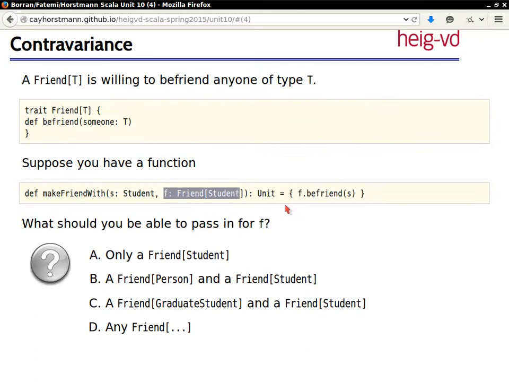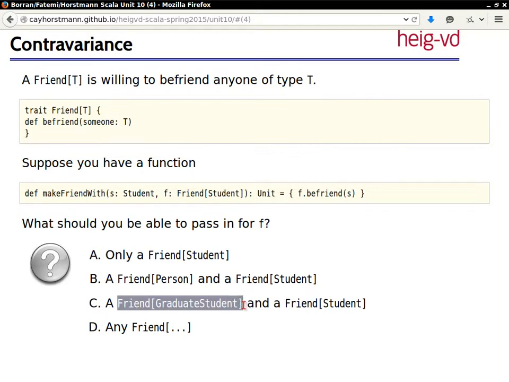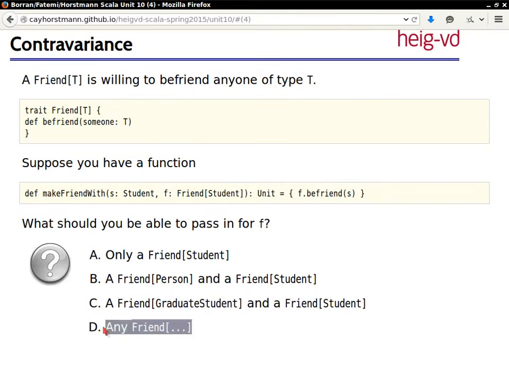And now my question is in the second parameter. Surely I can pass someone who is a friend of students. Could I also pass a friend of person? Should I also be able to pass in a friend of graduate student? It probably doesn't make so much sense, but maybe you disagree with me. Maybe one should be able to pass a friend of anything. Maybe a friend of cats should be okay. So what do you think?